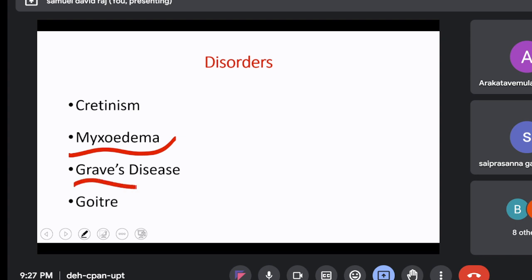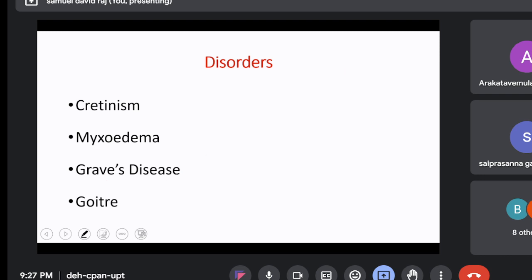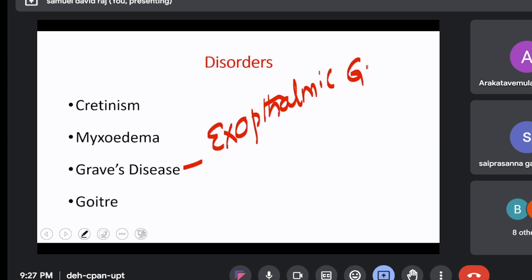And the third one is Graves' disease. Graves' disease is also called, as another scientist discovered it in another place, Basedow's disease. And this is also given another name, exophthalmic goiter. But actually this is not goiter; it only refers to a condition related to the thyroid gland.